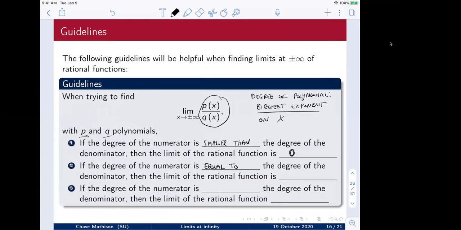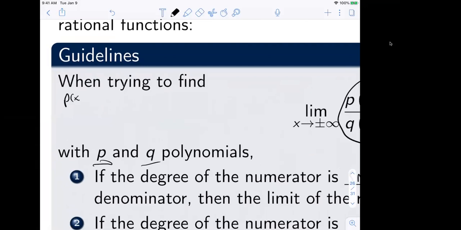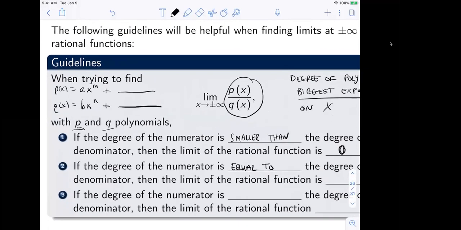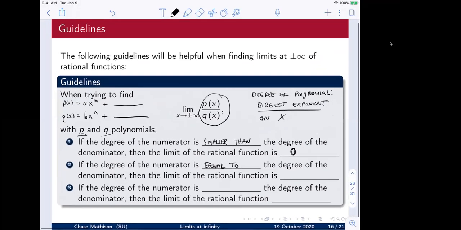I'm going to write out p of x is equal to a x to the m plus other stuff, and q of x is b x to the n plus other stuff. Okay, so if m and n are equal, those are both of the degrees, then we're going to get a over b.